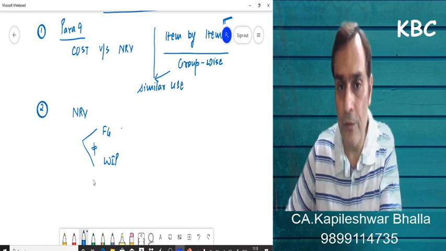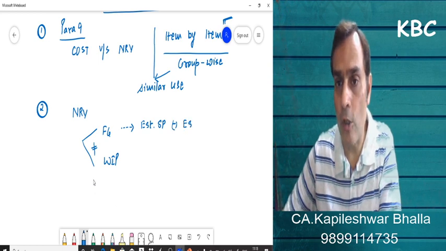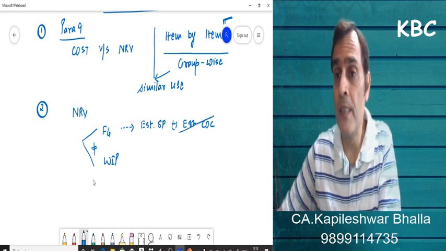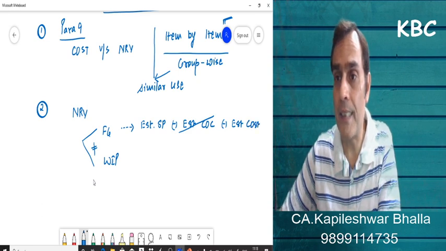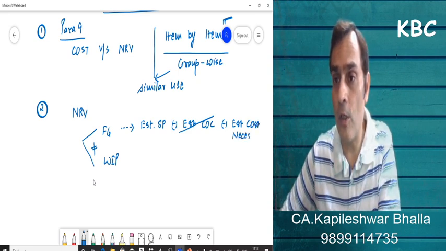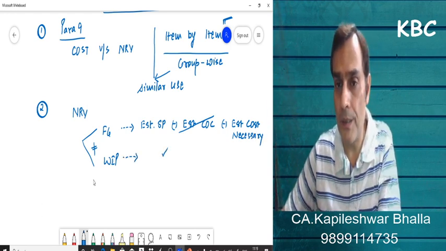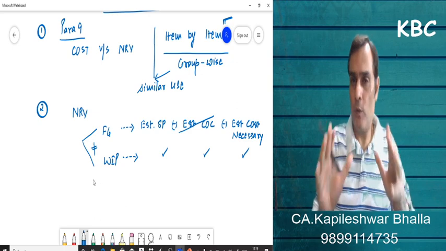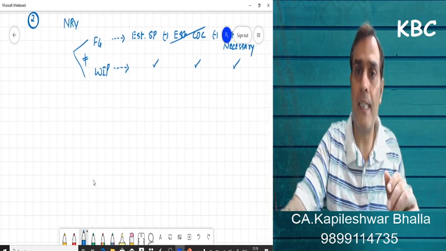So we said in terms of FG, we consider the estimated selling price minus the estimated cost necessary to make sale. And in terms of WIP, we consider the estimated cost of completion also. So that shows that we've got a different definition of NRV for FG as well as WIP.